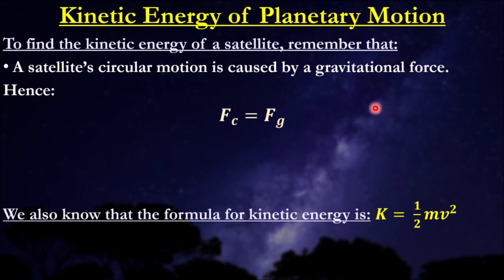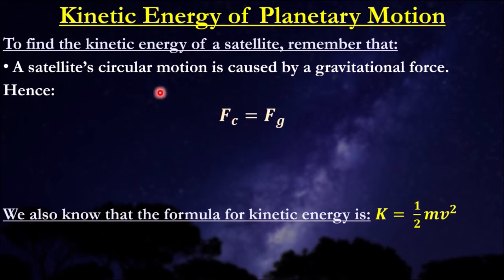Of course, the assumption we're making here is when a satellite or planet is orbiting around a larger object, we have a complete uniform circular motion. That's not necessarily the case, but for our little investigation, this is sufficient.